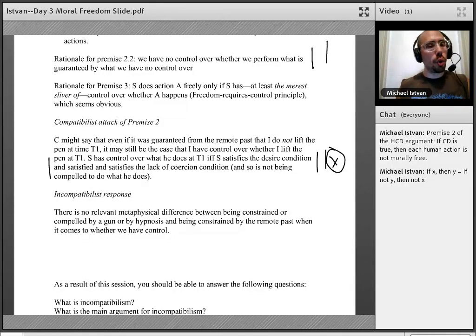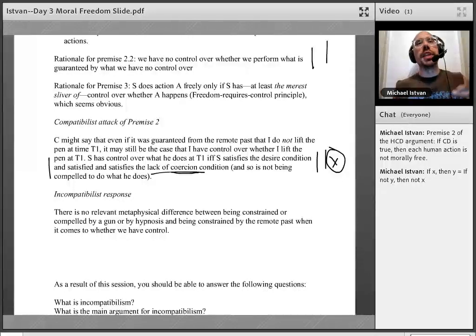S has control over what he does at time 1 if and only if S satisfies both the desire condition and the lack of coercion condition, or as I called it in our last session, the lack of constraint condition. Sometimes it's called the lack of coercion condition, sometimes the lack of constraint or the lack of unusual constraint condition. But you know what I mean.